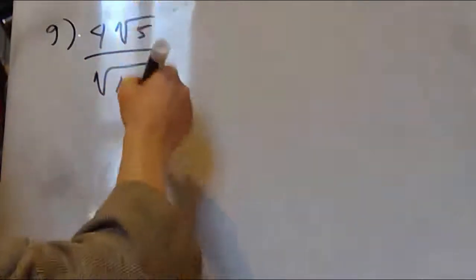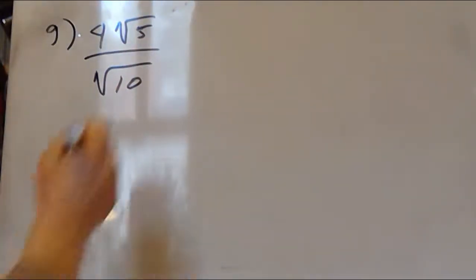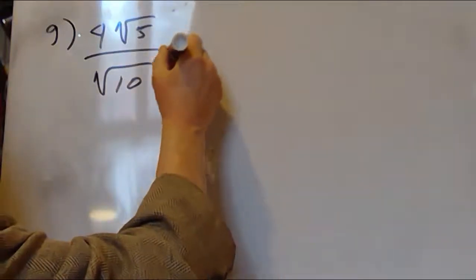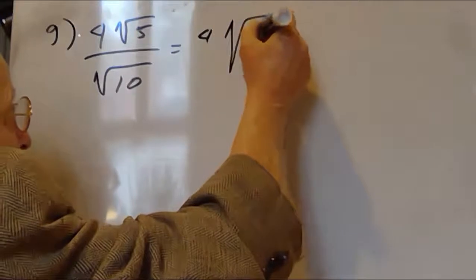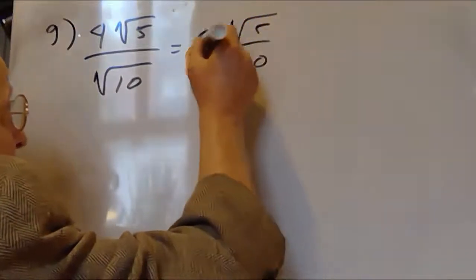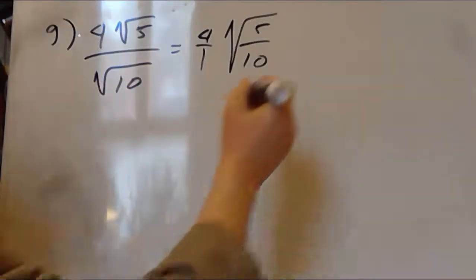As I said, you can just rationalize the denominator and do that one straight out the way it is done in the PowerPoint, or you can do it this way, the way I'm going to do it now, which is a little bit different. 5 over 10, and I'll put this here as a place marker so you don't confuse fractions with whole numbers.